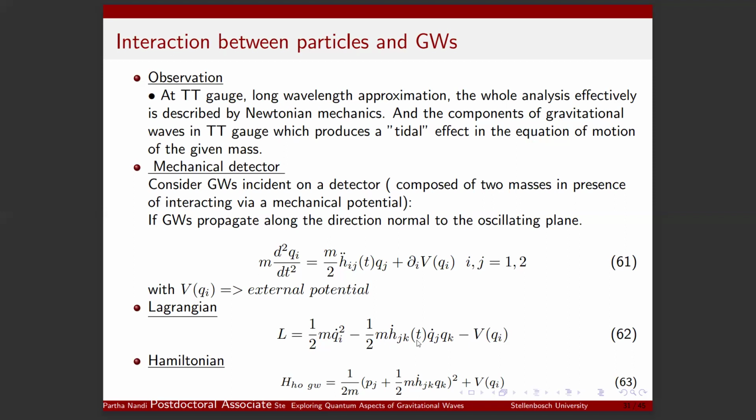So the moment you have the Lagrangian in classical mechanics, one can also construct the Hamiltonian. The Hamiltonian just involves this term. Therefore, in this last equation, we have the Hamiltonian of a system of particles which describes the relative motion of two particles in the presence of gravitational waves and an external potential.